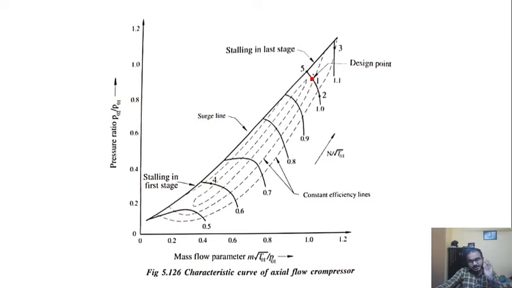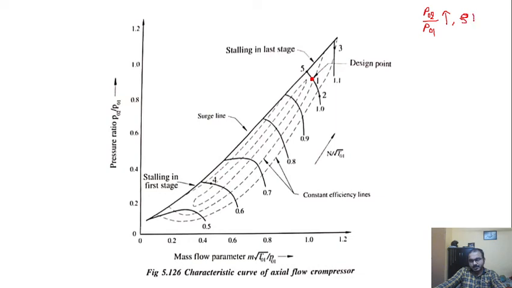Once there is a slight decrease in this mass flow rate, then the pressure ratio will increase, that is P02 upon P01 will increase. This will lead to an increase in density.